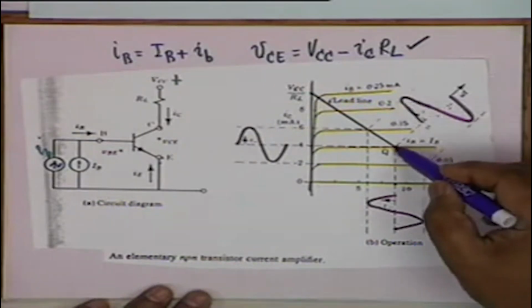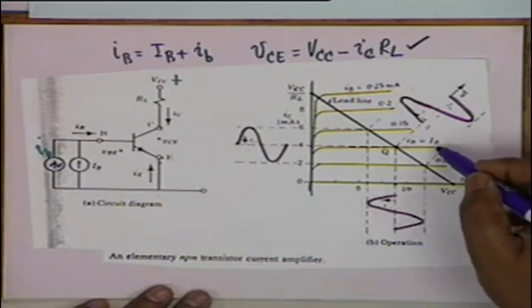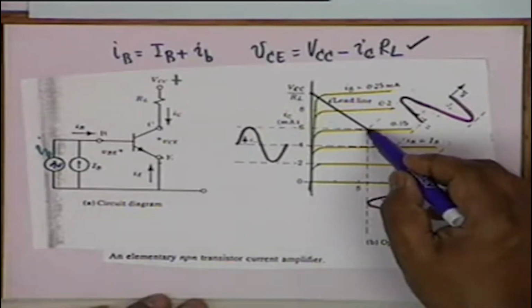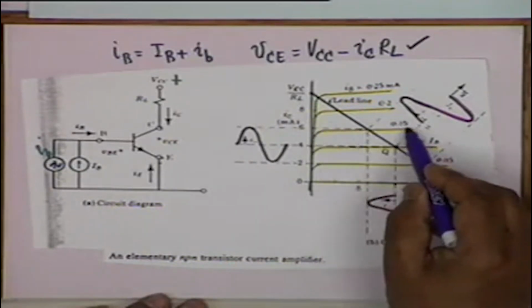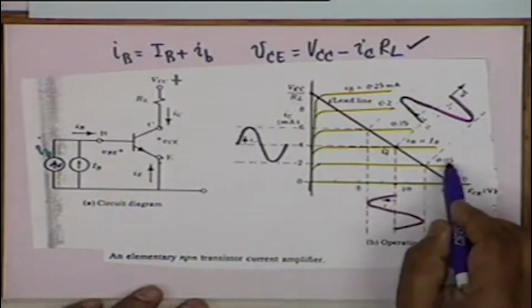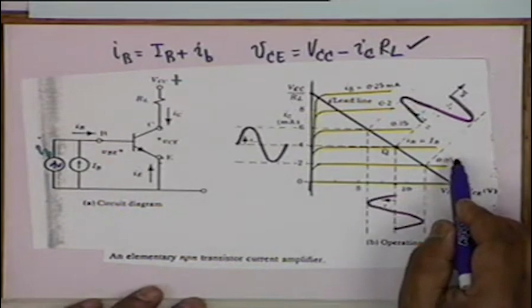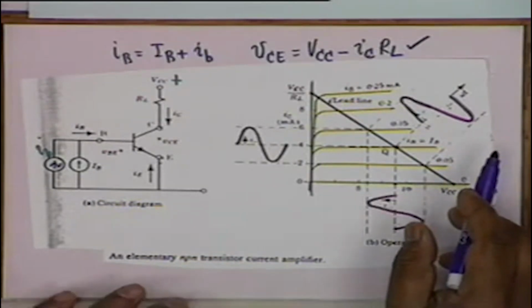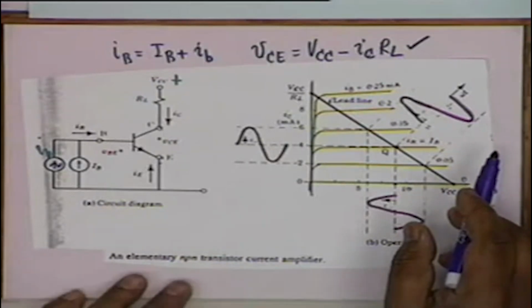That is, this point Q corresponds to 0.1 milliampere, and when the base current is maximum it becomes 0.15 milliampere. So the Q point shifts to this point, because this curve is for 0.15 milliampere and this curve is for 0.05 milliampere. Equal changes in IB lead to equal changes in IC. This is the part that we are interested in.